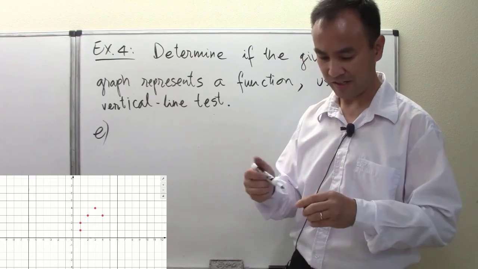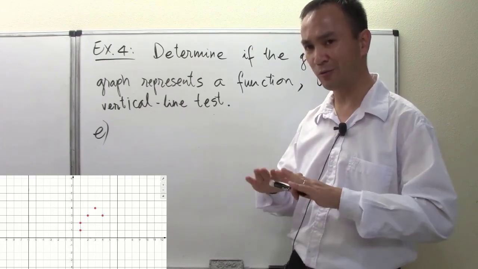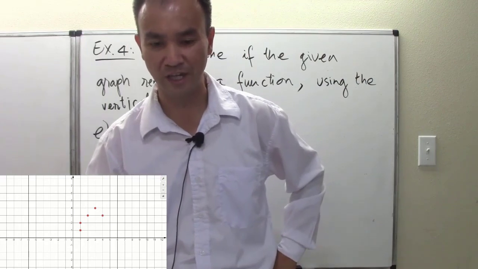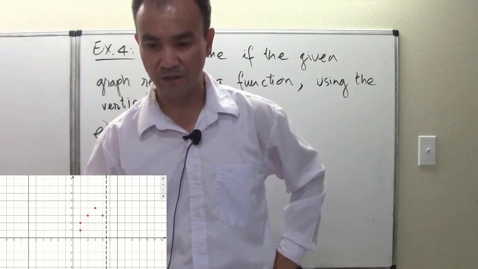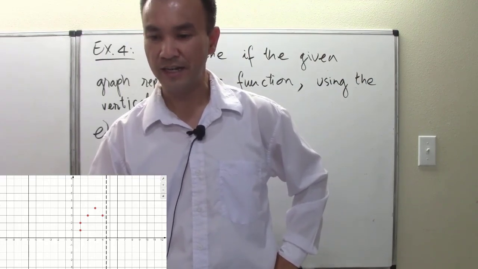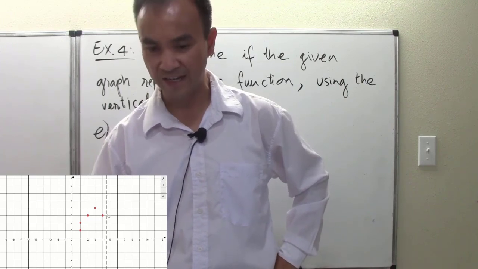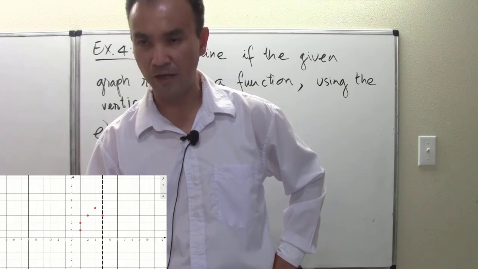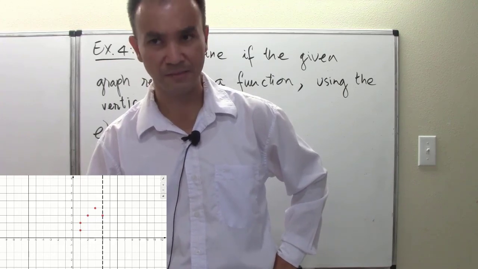Once again, the only way of detecting that and coming out with a clear answer is to use the vertical line test. So I'm going to place the vertical line. Right now it's not even hitting any points, so that didn't tell the story yet. That's inconclusive. Now it hits 1 point and it passes, but that's not enough.